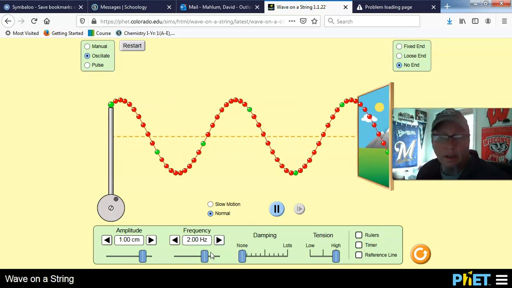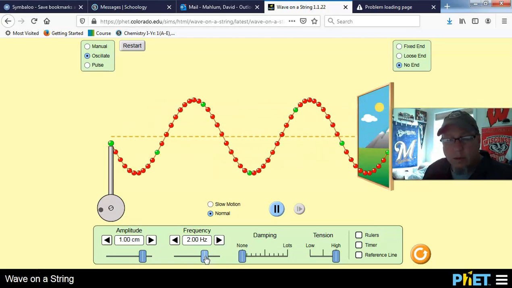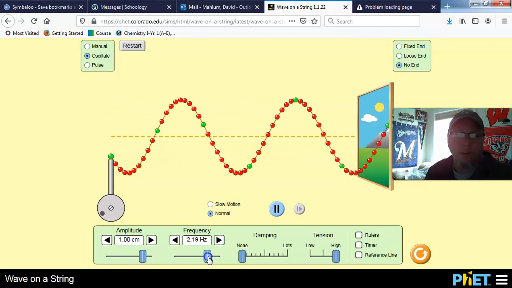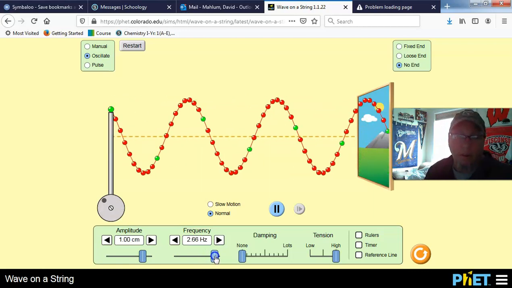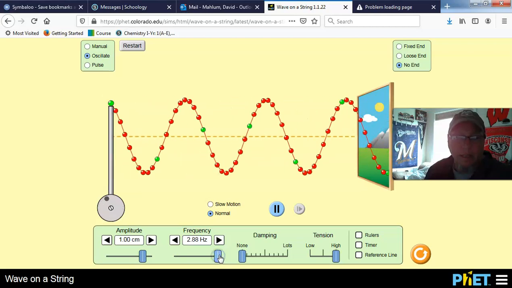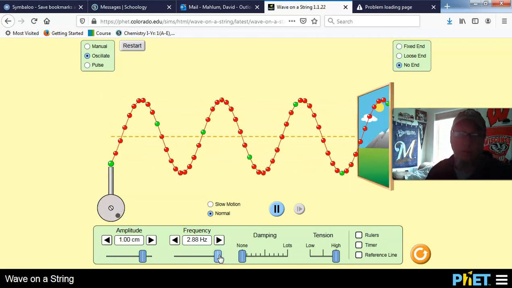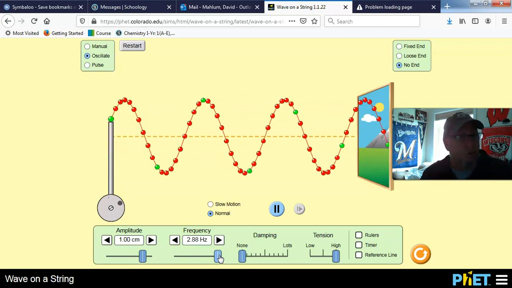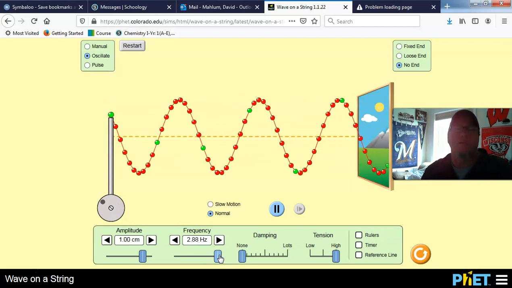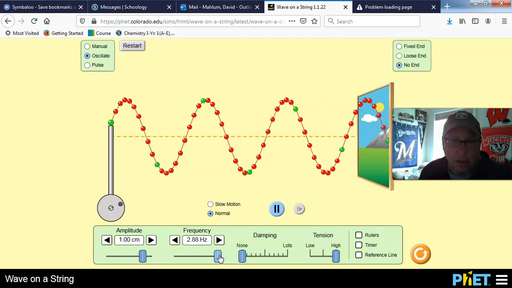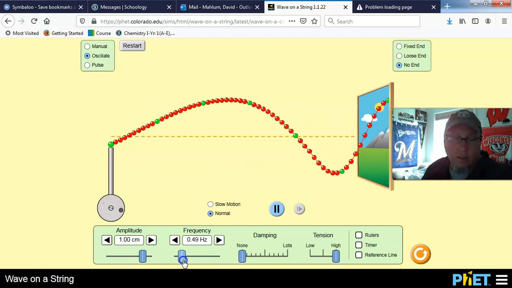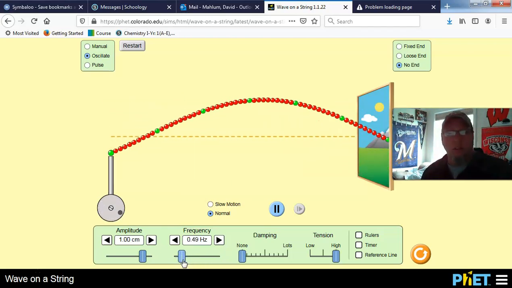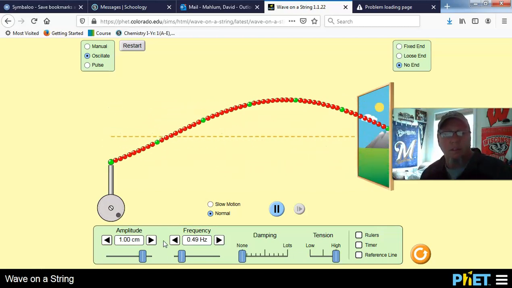And you can see the more frequency, sometimes people think frequency refers to speed. If that's an optical illusion. This wave is not going any faster. There's just more of them. So because there's more of them, people sometimes think, oh my God, it's moving so fast. And it's not. So here's a really, really low frequency.